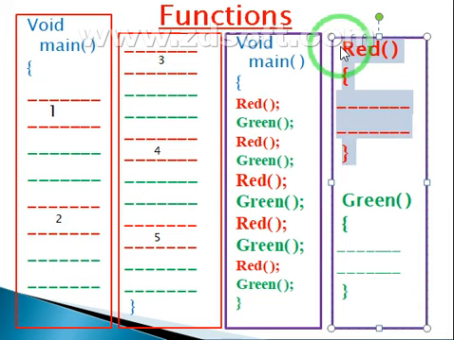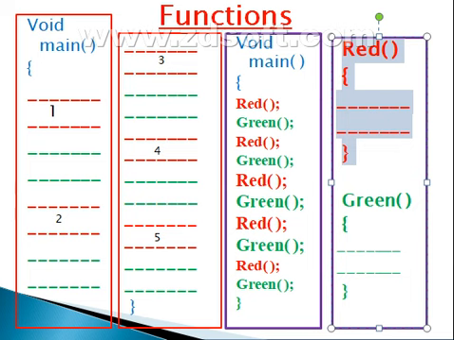Okay, so this is called the user defined function. We can see a simple example of a user defined function, then we will go for syntax, then we will go for different ways of handling the function with the parameter and return value.